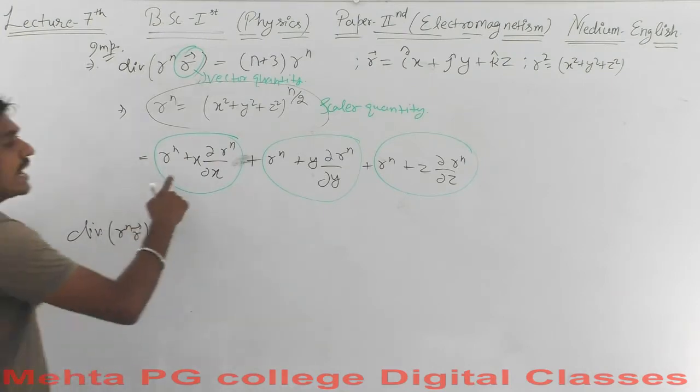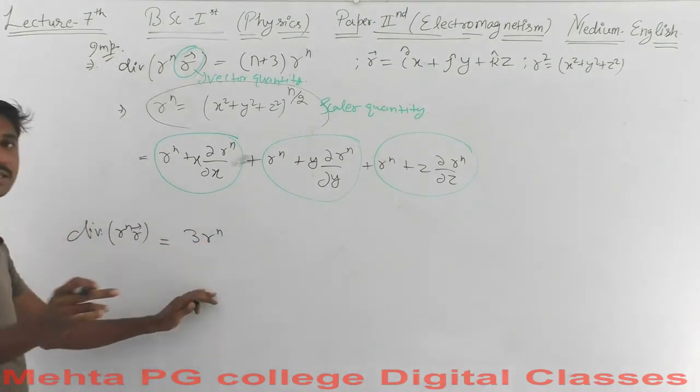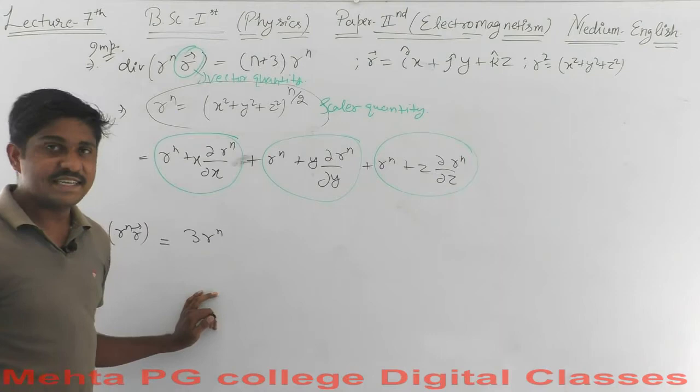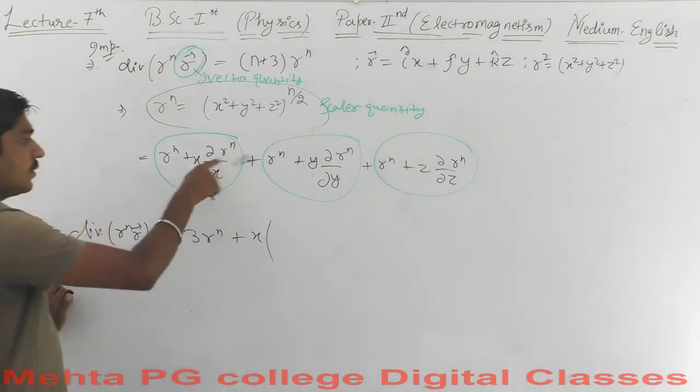This is equal to rn plus rn plus rn. I say this is 3rn, that doesn't matter here, plus x. What is the value here?